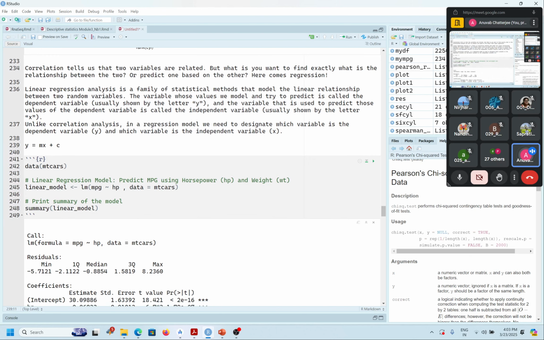In this case, the function that you use to figure out this regression model is called lm, linear model. Same formula as we have seen before. The two variables are mileage and horsepower, and the data set is mtcars.